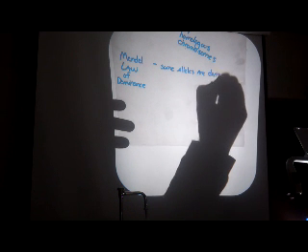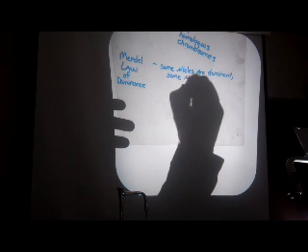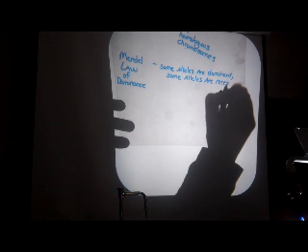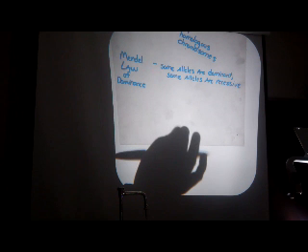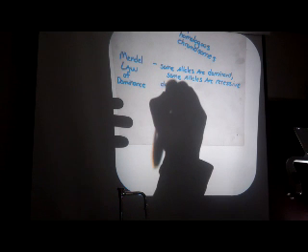Some alleles are dominant. Some alleles are recessive. So I really want you to understand that word dominant and recessive. We talked about them already, but now I want to make sure you really understand them.